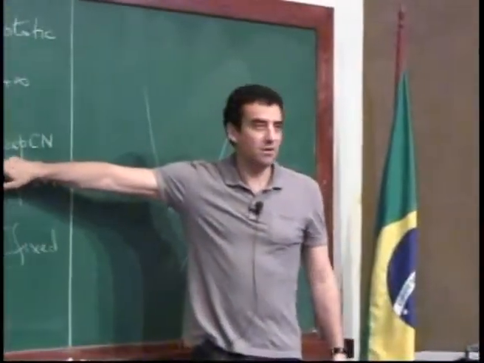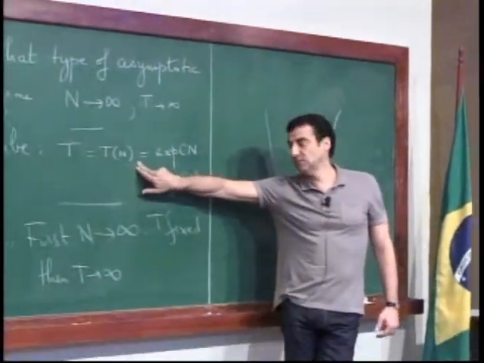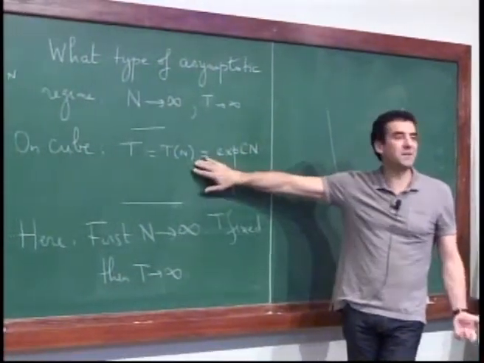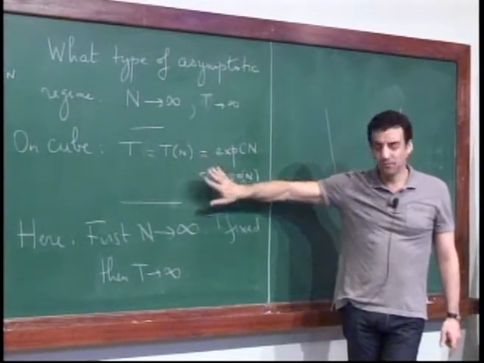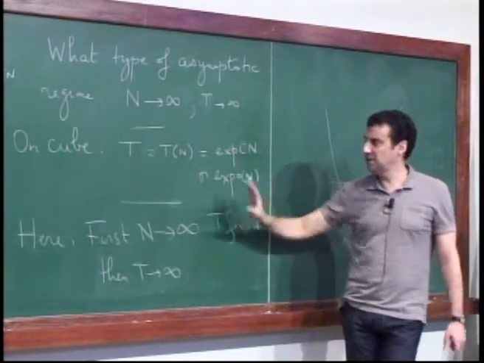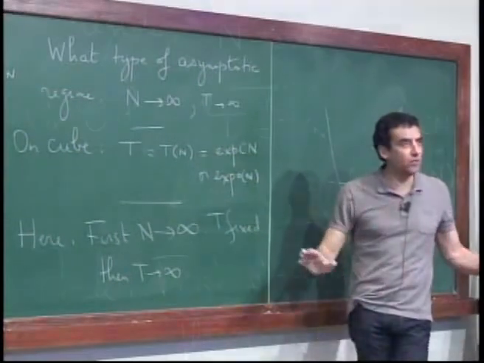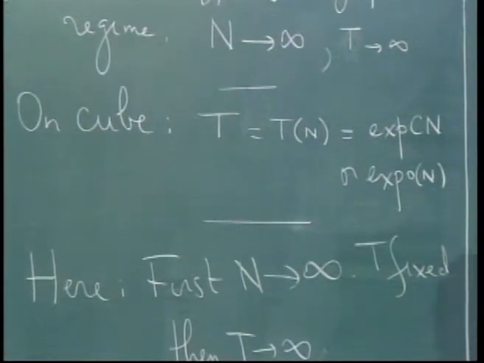So maybe you may have some traps where the time to cross them will not diverge exponentially, so it might be that you need to take time scales here which are not diverging, or maybe diverging slowly, like a power of n. Right? What we do here is we fix t and we let n go to infinity. And we follow the recipe of the physicists there. All right? So all this discussion is to tell you that I expect this to be relevant.